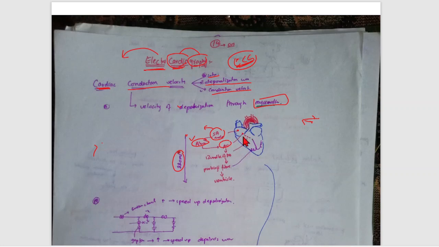After the AV node, the depolarization moves through the bundle of His, and here are the Purkinje fibers. From the Purkinje fibers it goes to the ventricle, and the ventricle contracts.